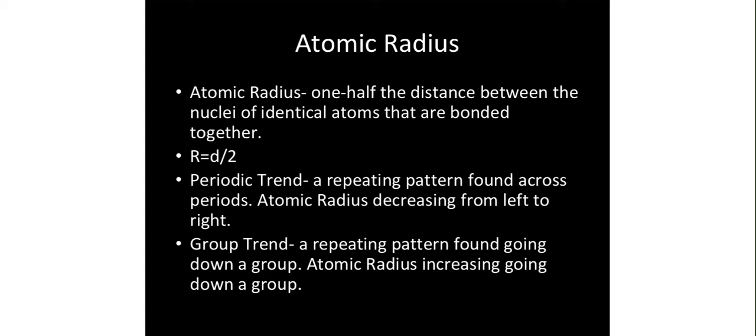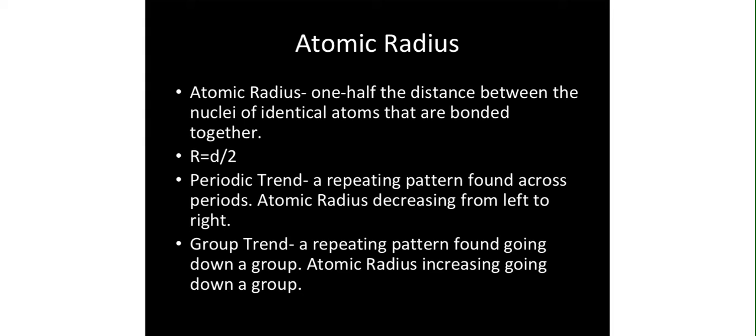However, orbitals are super weird because we don't really know where they start and where they end in regards to the electron cloud. So it's a lot easier to measure the distance between atoms that are bonded together. Whenever you find two atoms that are identical to one another, you measure the distance between their nuclei and then divide that by 2. That gives you a rough estimate of what the atomic radius is.